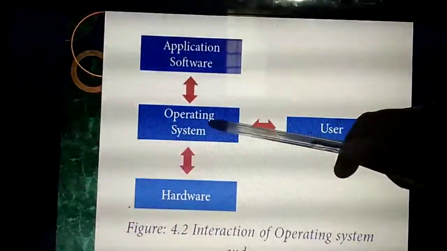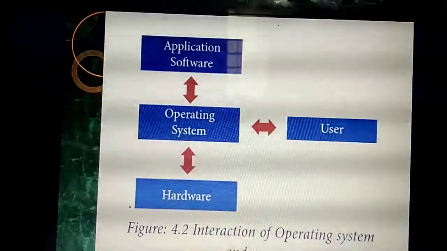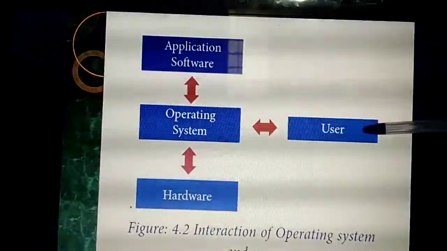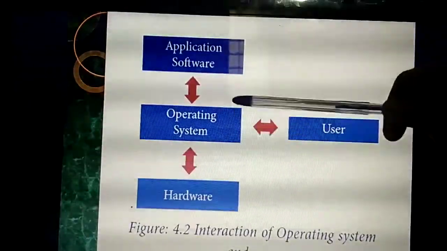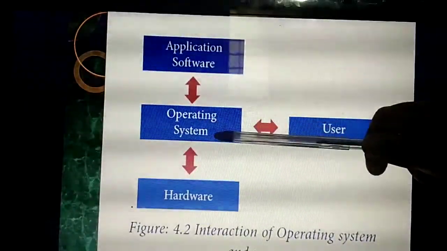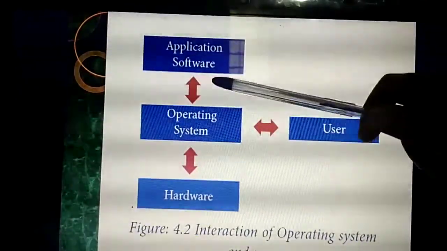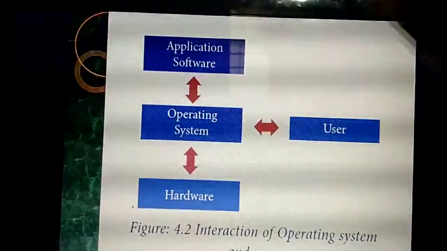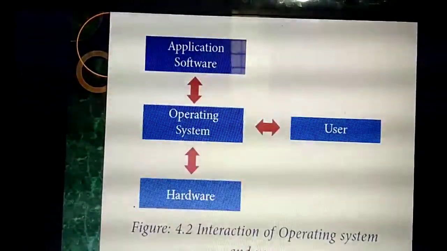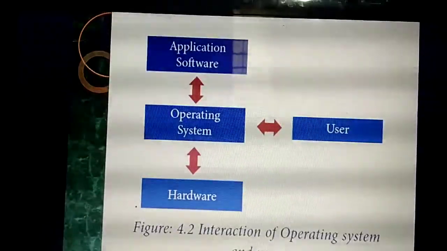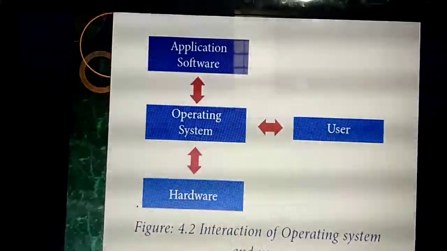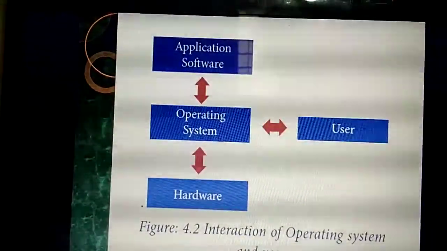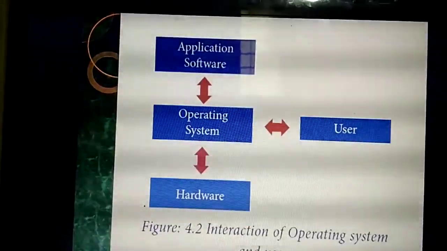So what comes first? First you switch on the system. Once you switch it on, what gets loaded first? The operating system. So the operating system will get loaded and the operating system screen will open in your laptop or computer. Then you are going to use Word to type something.